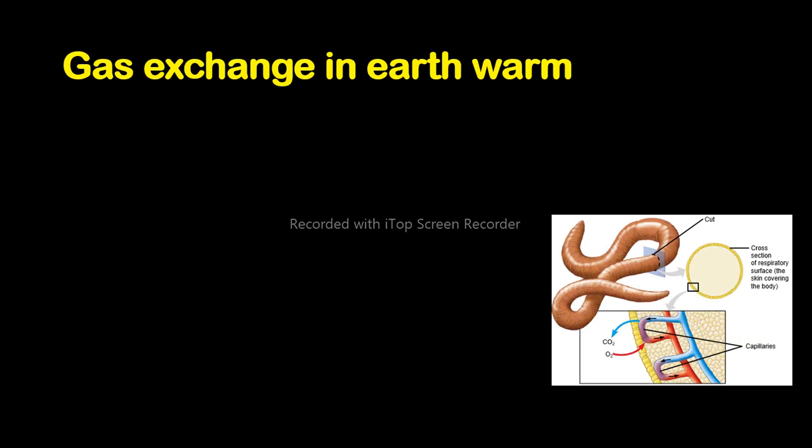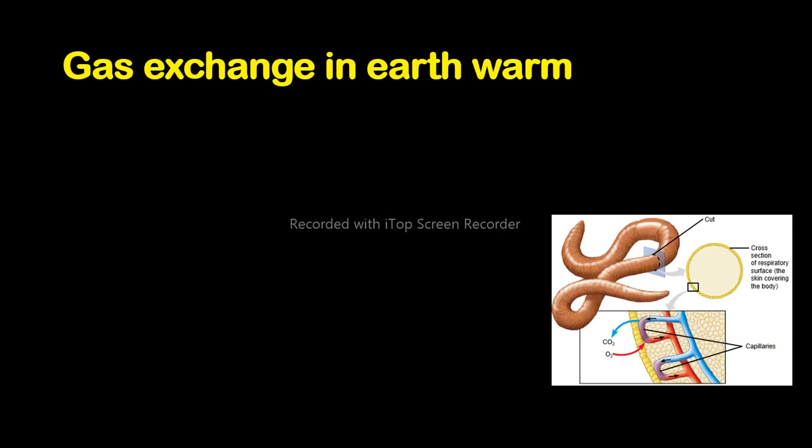If you know the earthworm and have ever seen one, you know that it is always moist. And by the way, it is even restricted to moist areas.